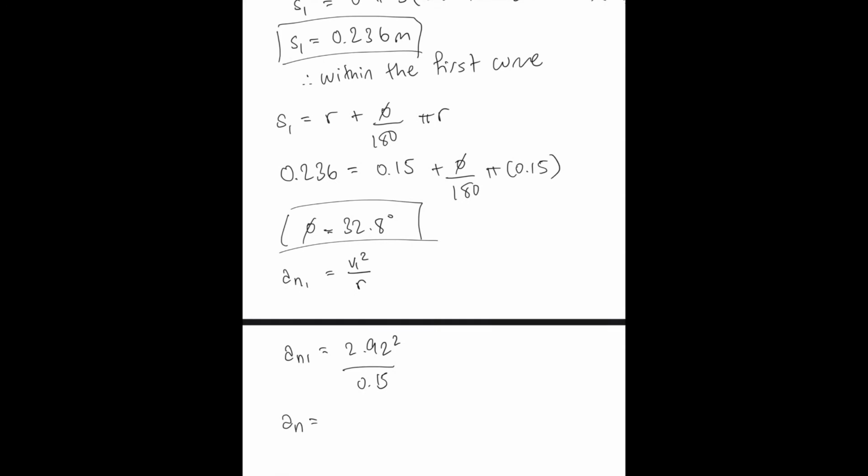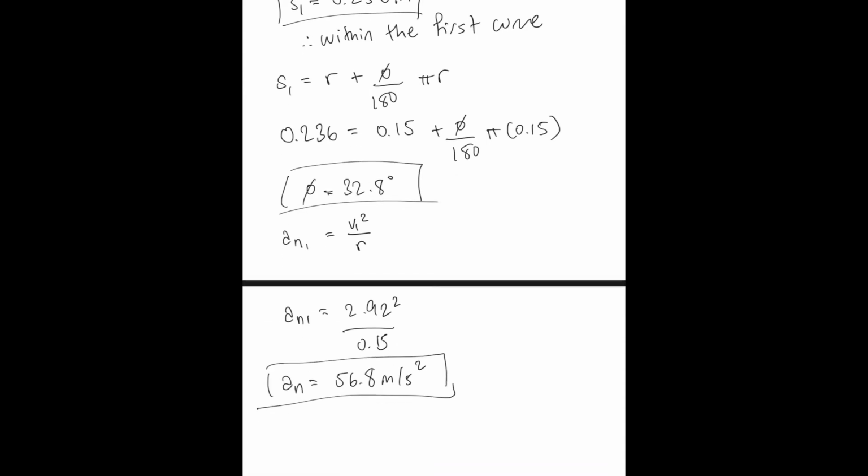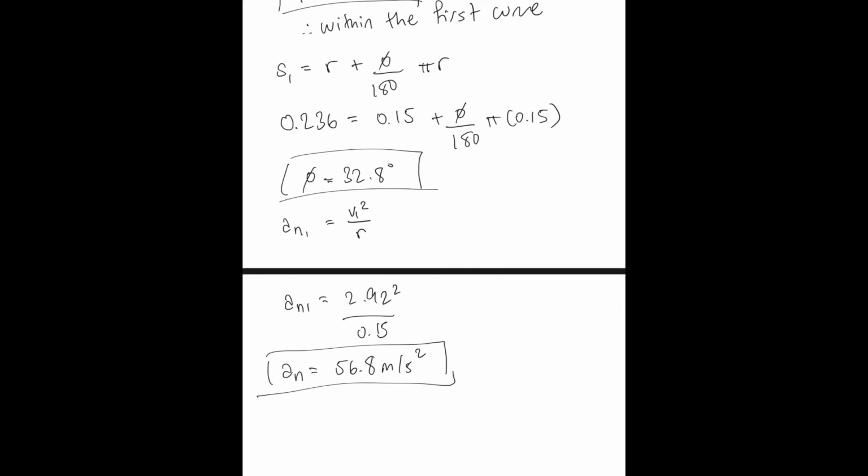So our a_n becomes 56.8 meters per second squared. Now that we have both the normal acceleration and the tangential acceleration, we can solve for the total acceleration.